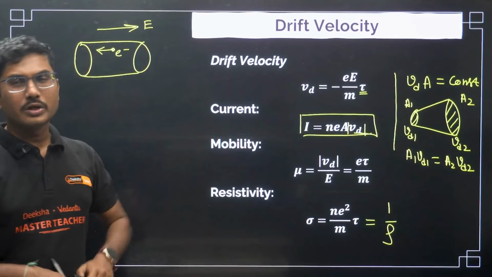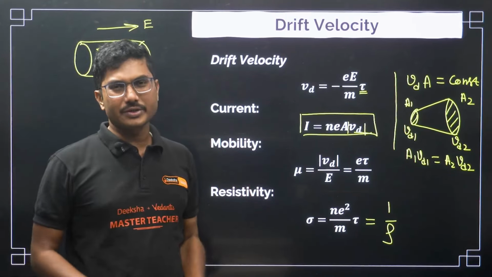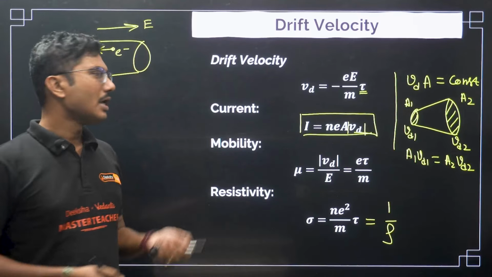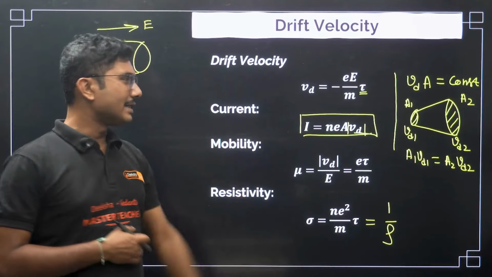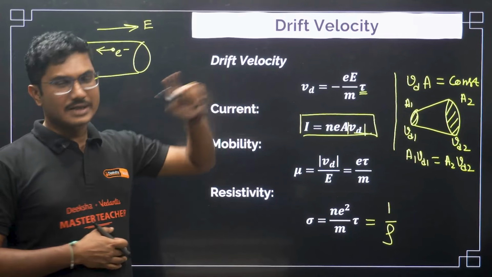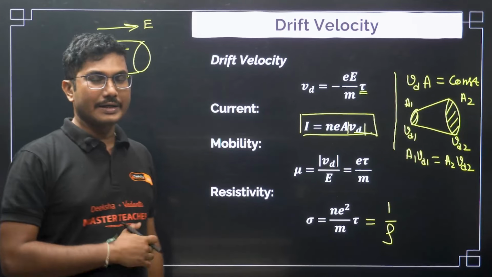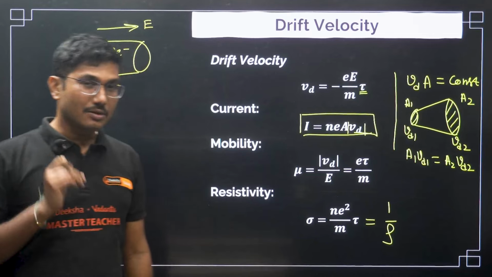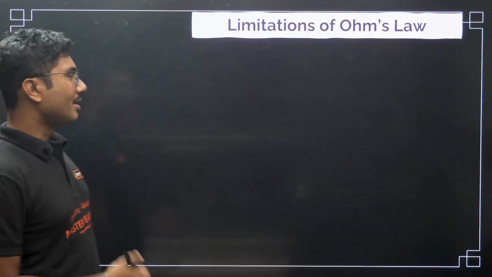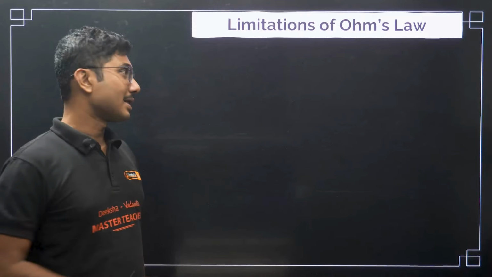Don't study all the possible derivations. Some channels, some teachers, recommend all the derivations, but this I is equal to n A vd derivation is important, and starting from this formula, deriving J is equal to sigma E is also another important derivation. We will do that in the 2, 3, 5 mark lecture session.